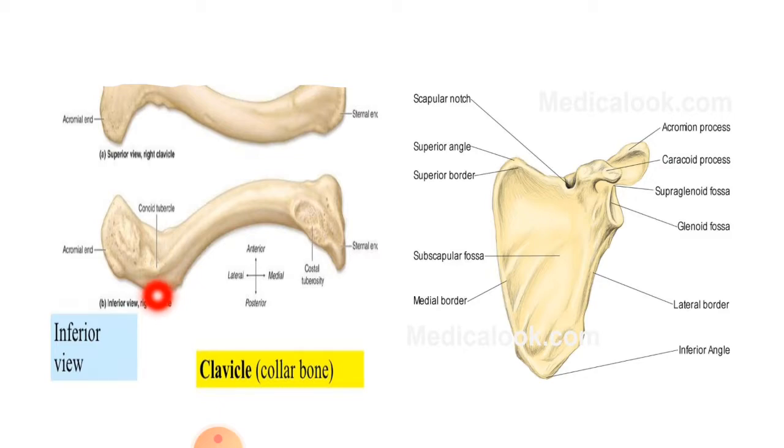The clavicle also has an anterior surface, a posterior surface, and medial and lateral borders.